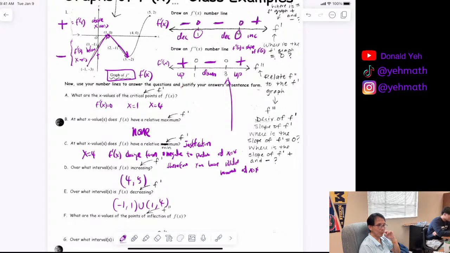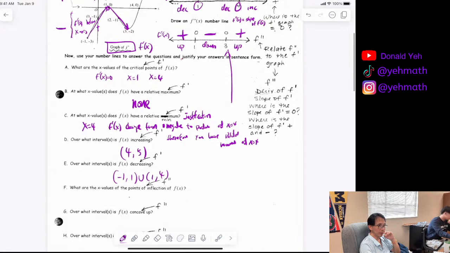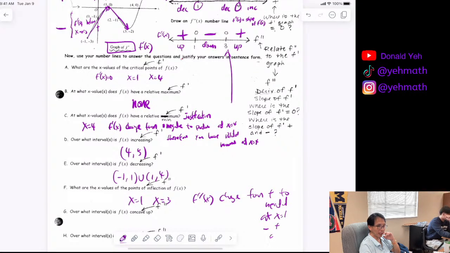What x values have a point of inflection? 1 and 3, okay, good. And if you want justification, you can say f double prime of x changes from positive to negative at x equal to 1, and from negative to positive at x equal to 3.